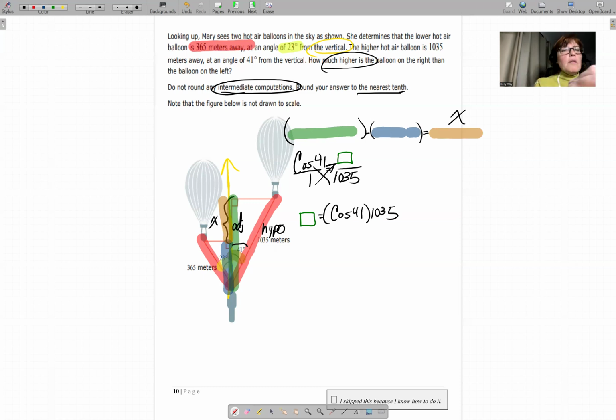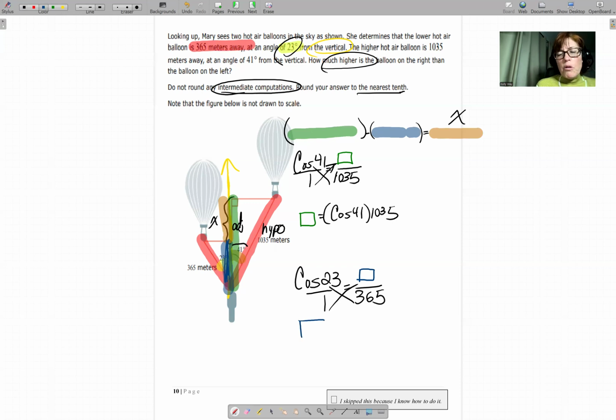That's the green. The blue is also adjacent. So the blue would be cosine of 23 equals the blue over 365. Cross multiply.